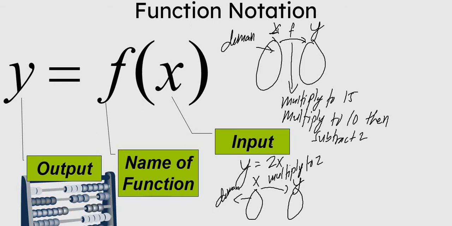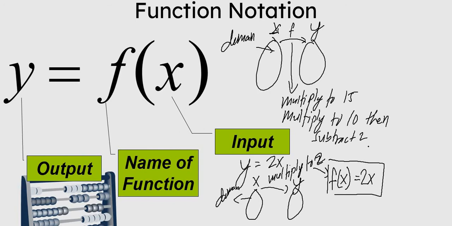And to show that this is in fact a function, we shall say that the function f, which is this one here, if we input, if you remember in the previous videos, we use x as an input. If we input x to f, what will come out is x multiplied to 2. That's why we have this one.